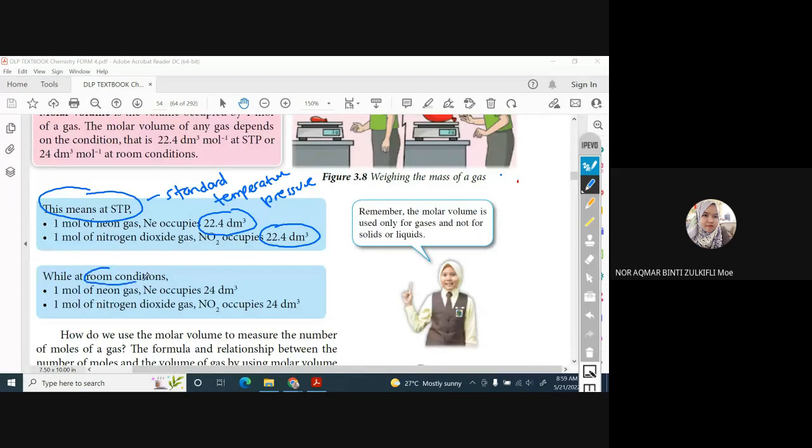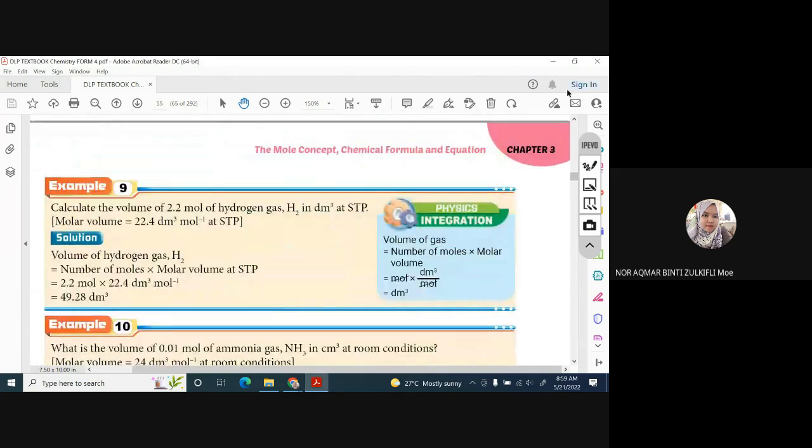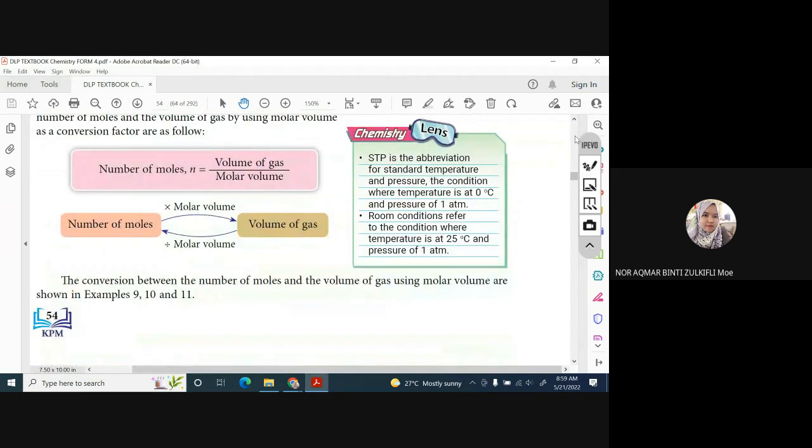And then tengok kalau room conditions, 24 dm3. Ini kena tengok soalan, tak apa. Okay, tengok. So, between 22.4 and 24. Okay, tengok contoh, lagi senang lah. Baca memang tak faham, pening. Okay. Ini dia punya formula.